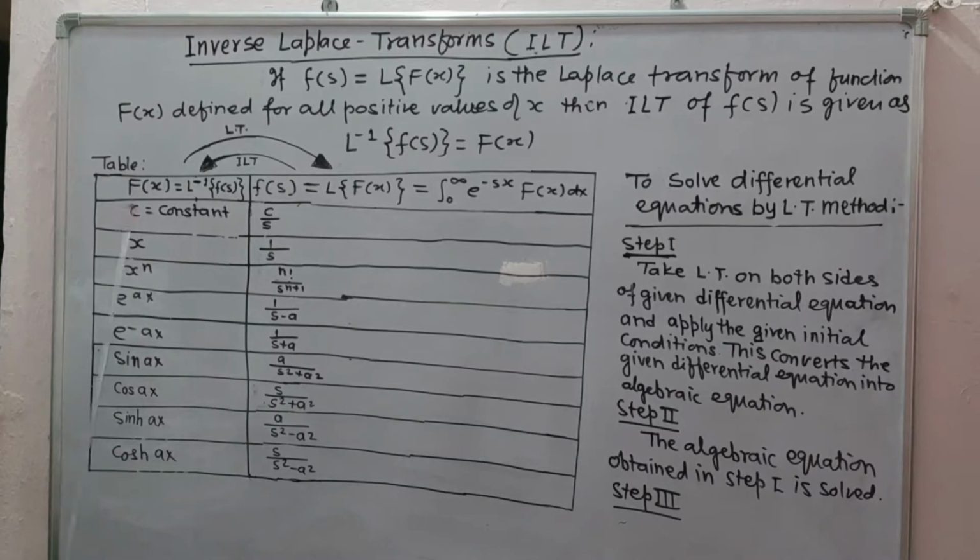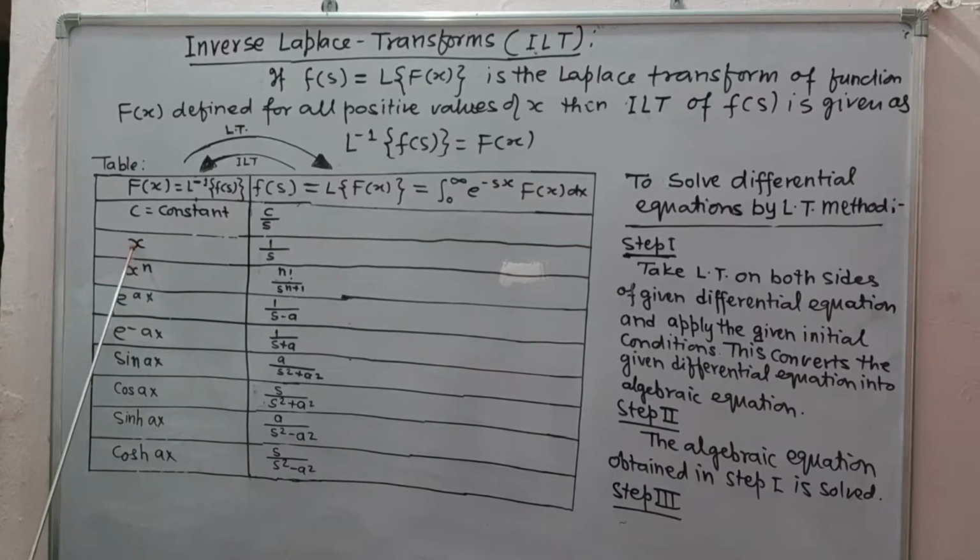So, this table shows the Laplace transform of function f(x) and its inverse Laplace transform. This is the Laplace transform and this is inverse Laplace transform. As you have studied in the previous lecture, the Laplace transform of constant c is c upon s.